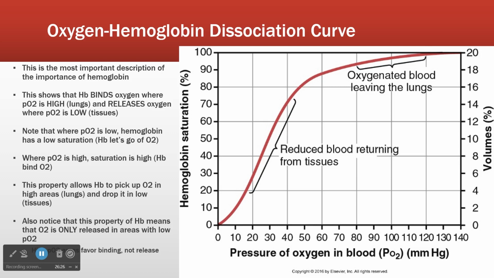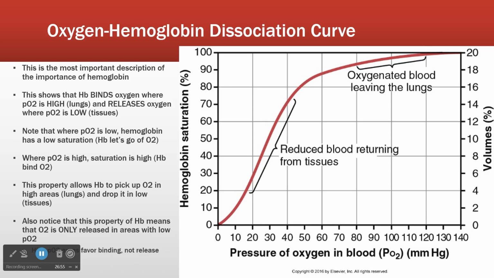So that's one state. At the 0 saturation point, that means all of the hemoglobin is empty, right? And at 50, half of the binding sites have oxygen attached, okay? So that's this y-axis, the hemoglobin saturation, how much hemoglobin is carrying oxygen.